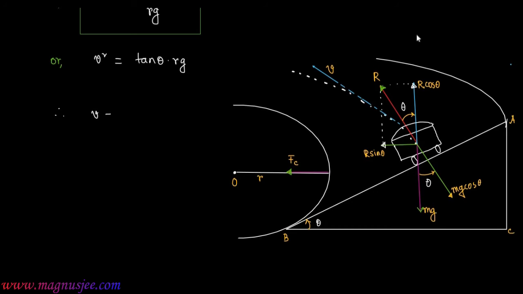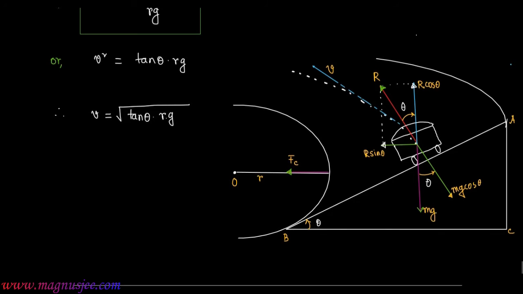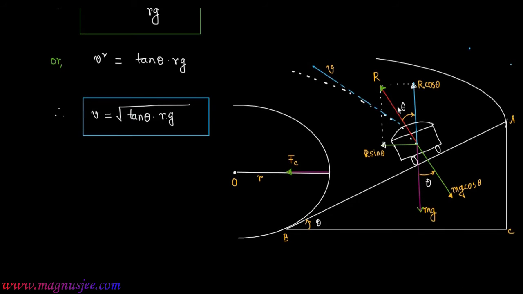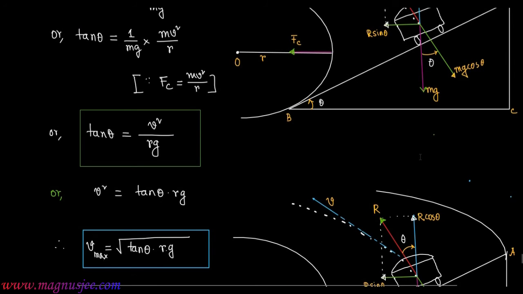Therefore v square is equal to tan theta rg. Therefore v is equal to root over tan theta rg, and that should be the maximum value of velocity.